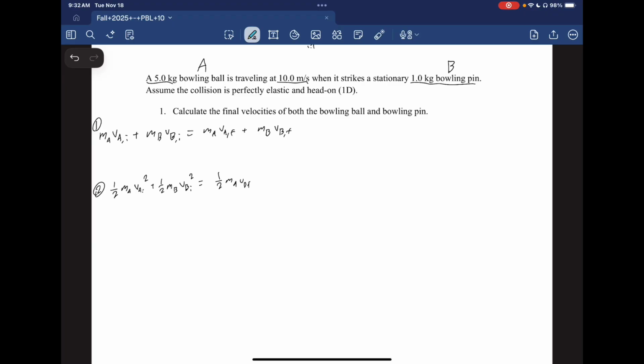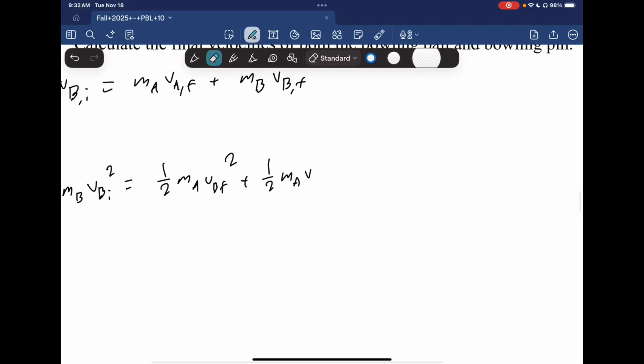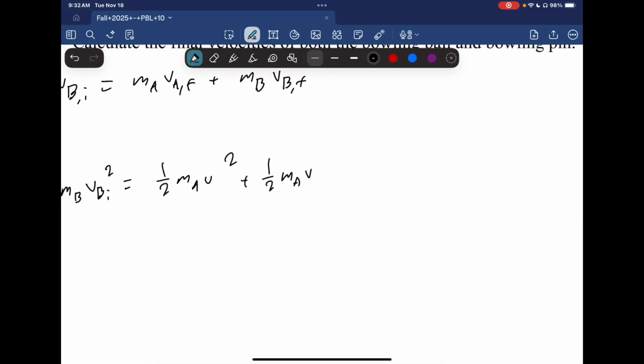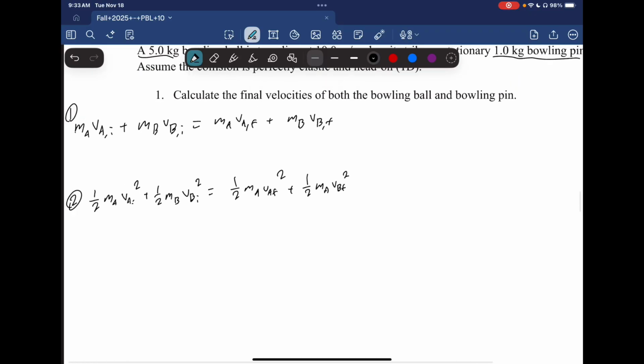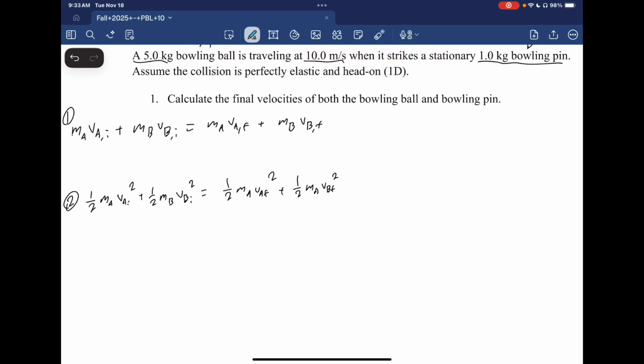And then this just equals 1/2 MA VA final squared plus 1/2 MB VB final squared. So these are our two equations.